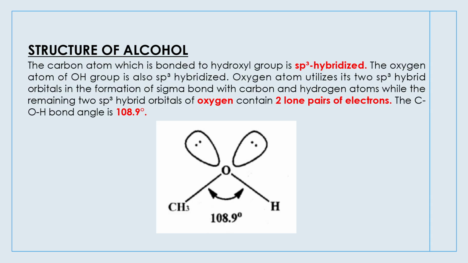If you forget to draw the lone pair of electrons, then your marks for the structure will be deducted. This is the structure of alcohol, which belongs to chapter 7. This is one of the most important chapters because you get this in your board examination, either in the form of multiple choice questions or as short question answers.